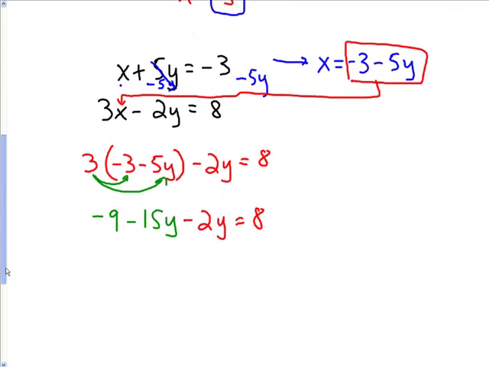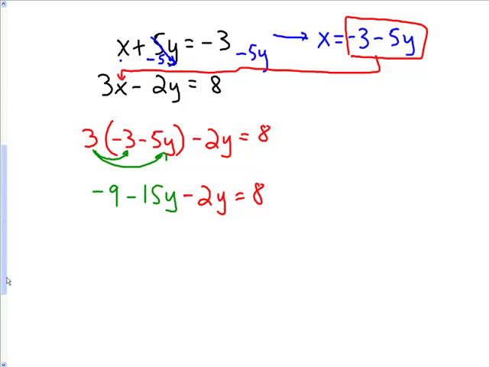I'm going to combine like terms here and here. So now I have negative 9 minus 17y equals 8.